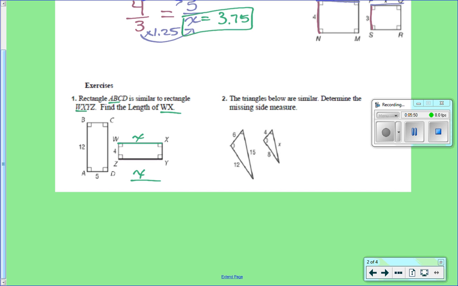So WX corresponds to AB. We're good so far? What's another corresponding side length we can use to put in our proportion? Okay, so WZ corresponds to AD. Good. So 4 corresponds to 5. Are we good with that?